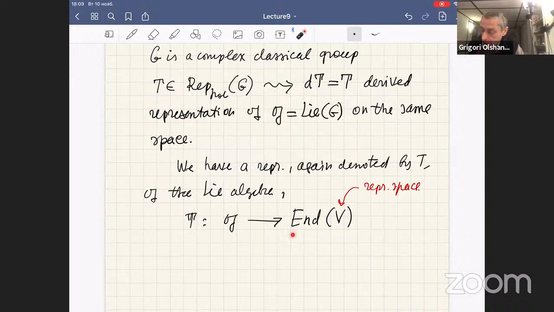The Lie structure here is produced by the associative algebra structure.